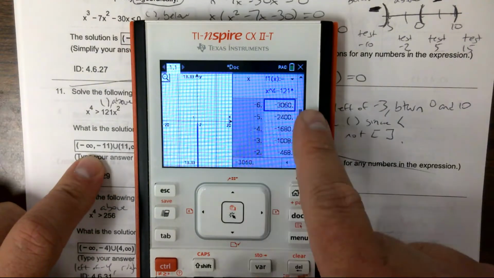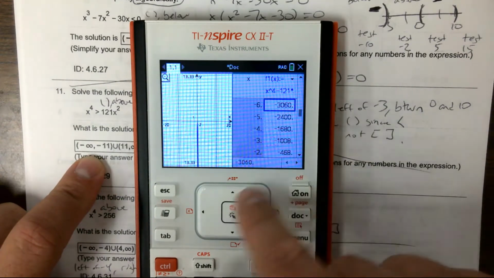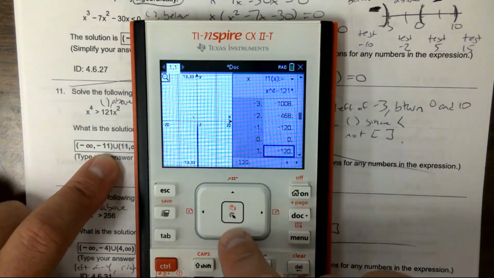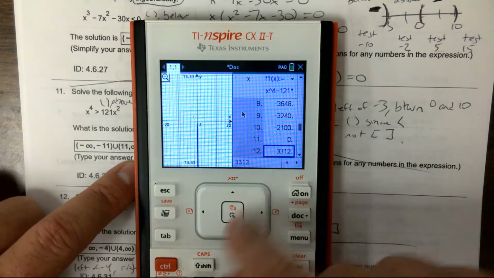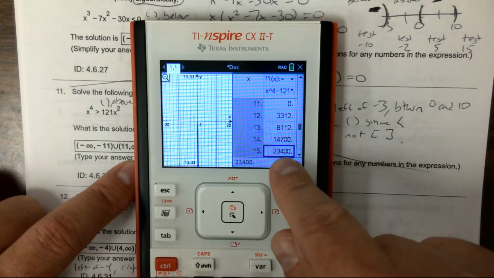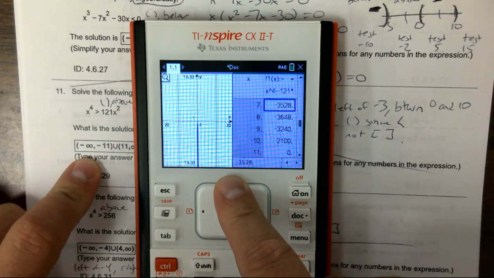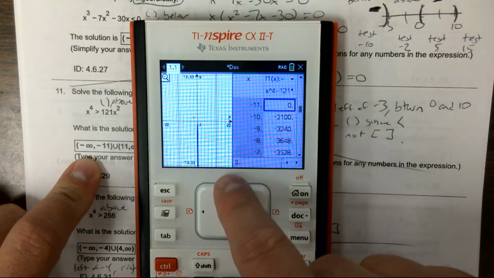So with the table, that's a pretty negative number right there, and then it's still negative, and then after 11 it's positive. So that part's above. And I guess I didn't go quite far enough. If I went to -11, it was 0, and then these are positive.